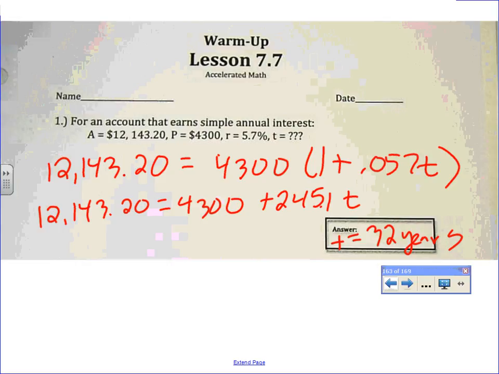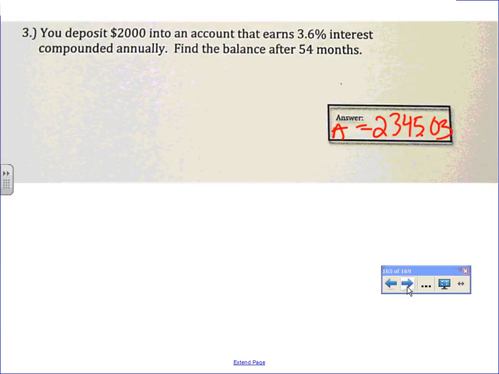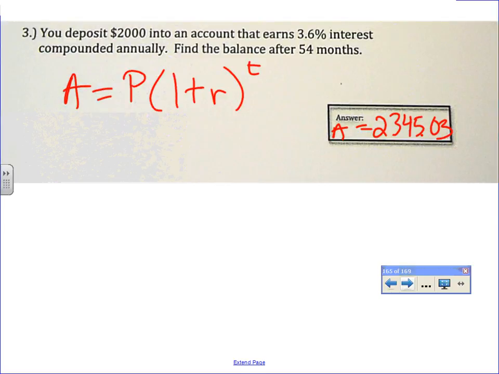Steve? Yeah. Okay, number 3 is compound interest. So you needed to use the compound interest formula, which is account balance equals P times 1 plus R raised to the T. So the principal is 2,000 and then 1.036 goes in parentheses.